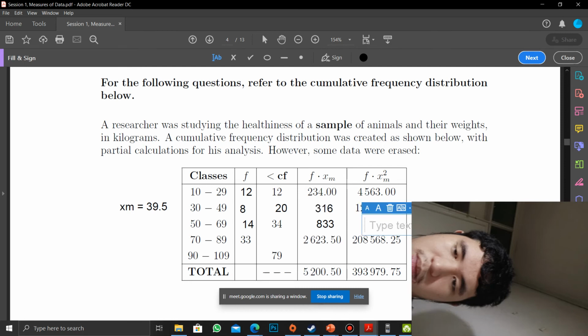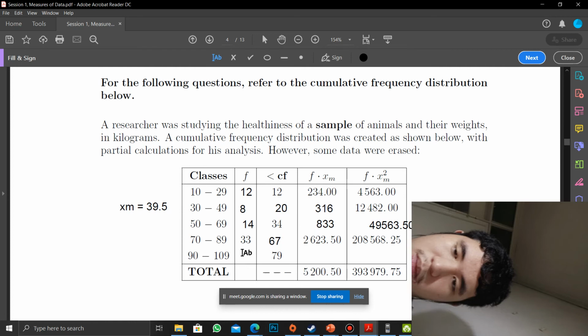Then, F times X squared M, 14 times 59.5 squared. That is 49,563.50. Next, 33 plus 34, cumulative frequency 67.